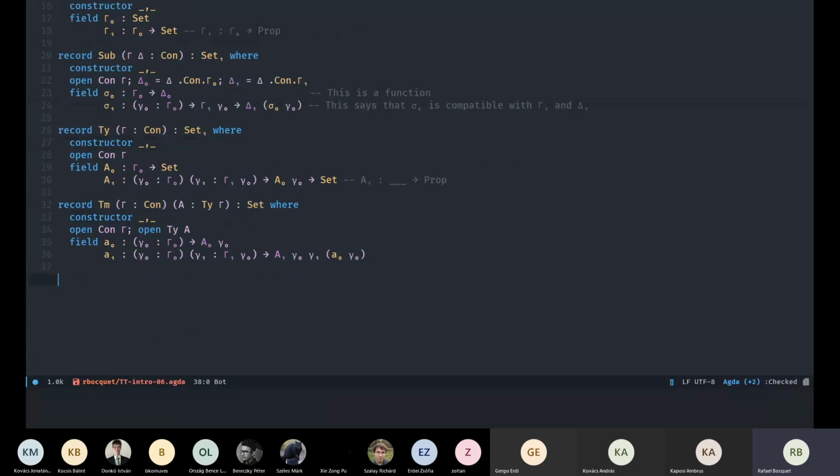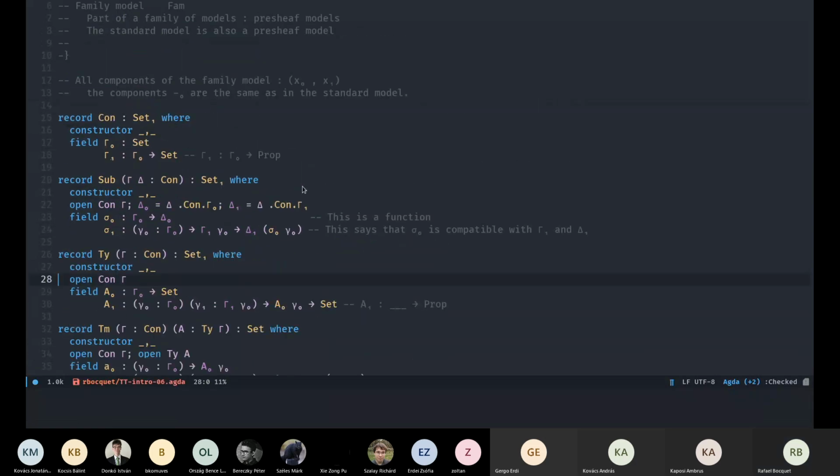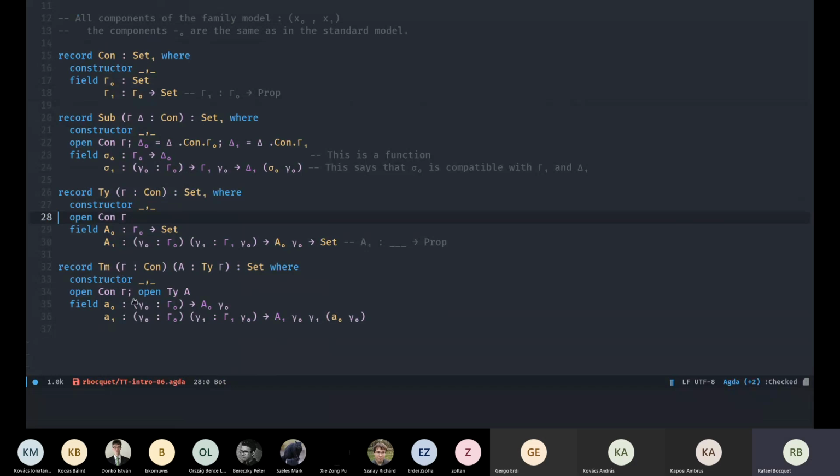Okay, so let's define some. Well, okay, so we could define the whole substitution calculus and give this the structure of CWF. So we can define identity substitutions, the composition of substitutions, the substitution operations on types and terms, and so on.